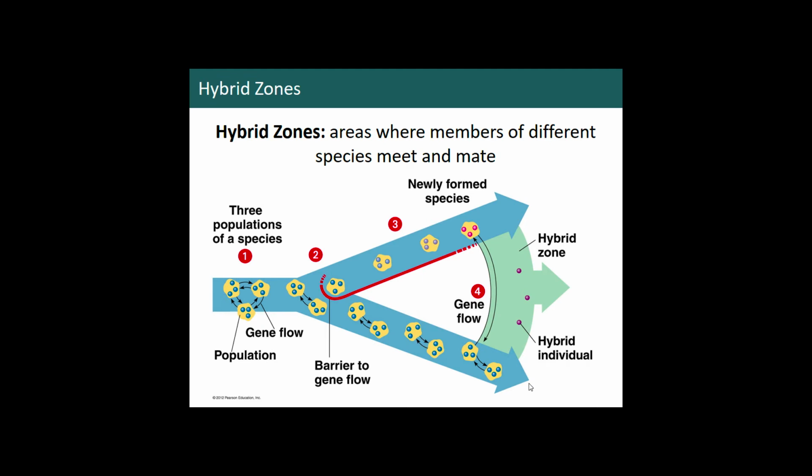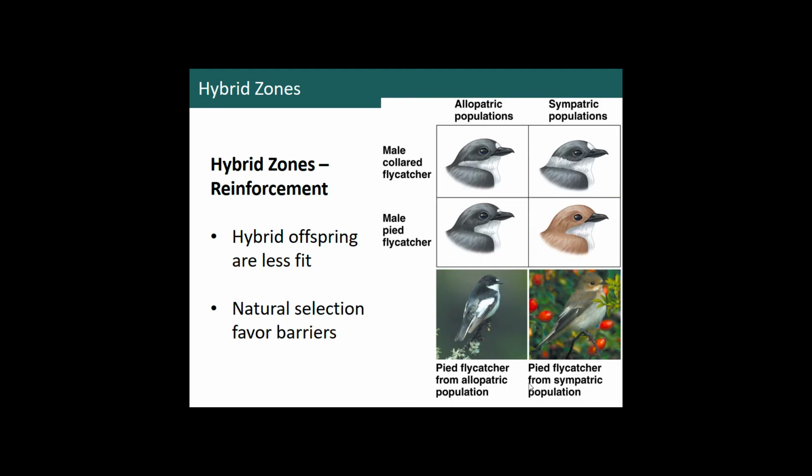What happens? There are generally, when we observe this in nature, 3 outcomes that occur. The first is what we call reinforcement. In hybrid zones, the differences between the 2 species that have formed over time are reinforced so that those species maintain separateness. So they stay separate.